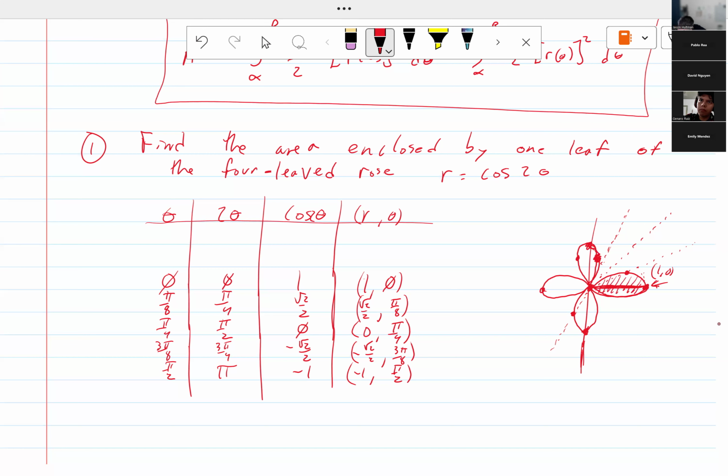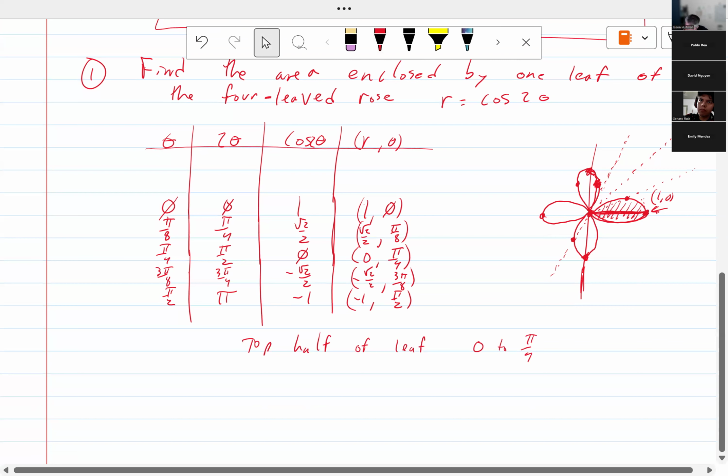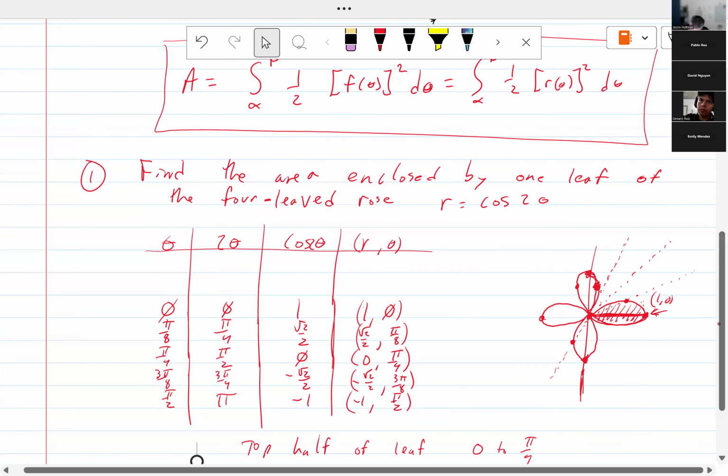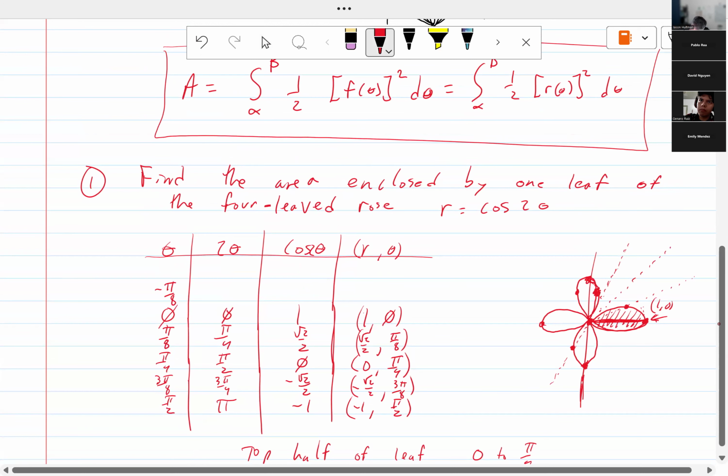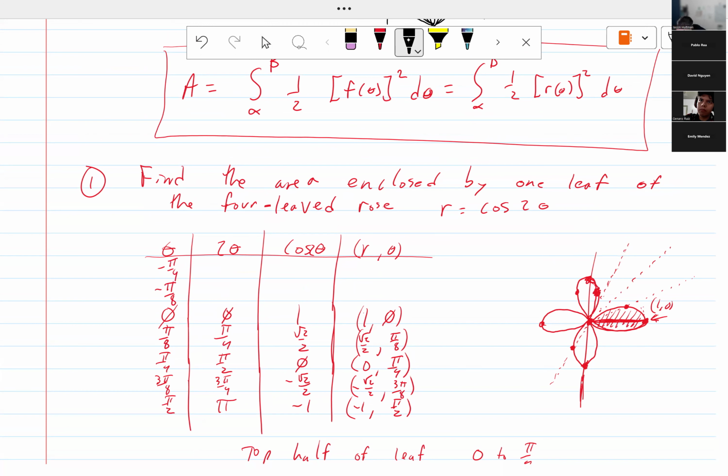The top half of the leaf is from 0 to pi over 4. Well, if I go in the opposite direction, if I go negative pi over 4, so this would be negative pi over 8, negative pi over 4, I should get the bottom half here. This bottom half will give me from 0 to negative pi over 4. It was the very last thing that I drew, but if I go negative, I can draw that piece.